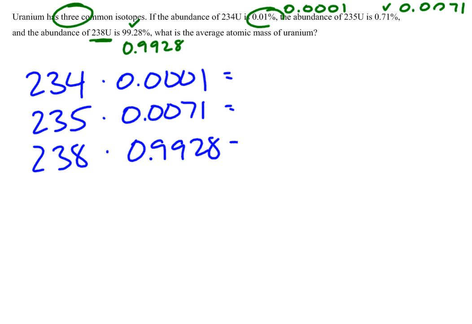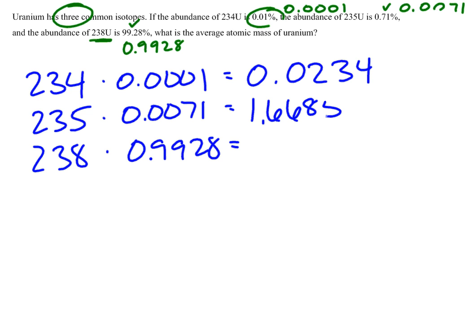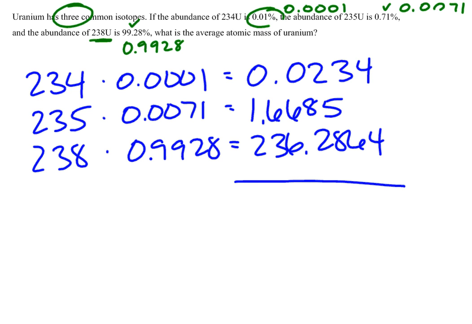Okay, I'm going to multiply those numbers to get a product for all three. All right, so we got 0.0234, and then this is 1.6685, and lastly 236.2864. Okay, next step, add them all together.